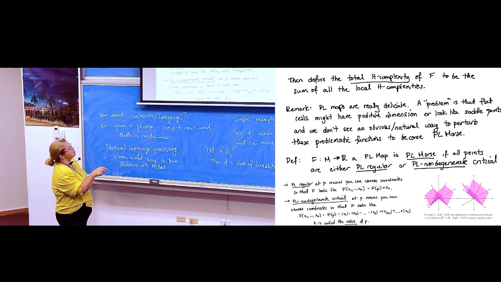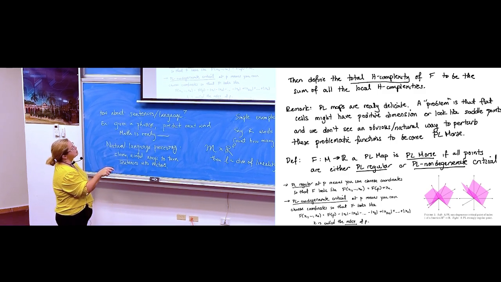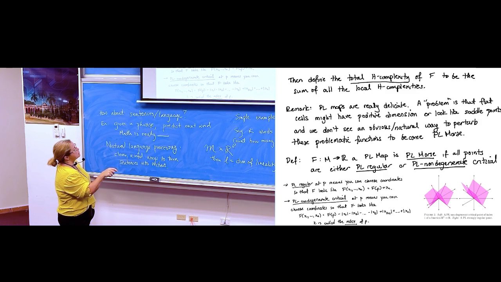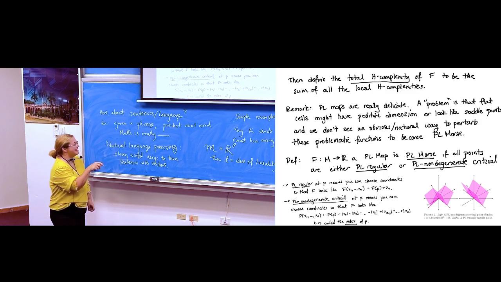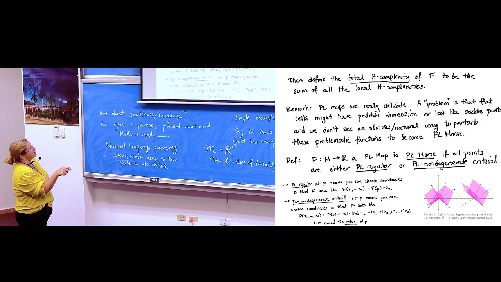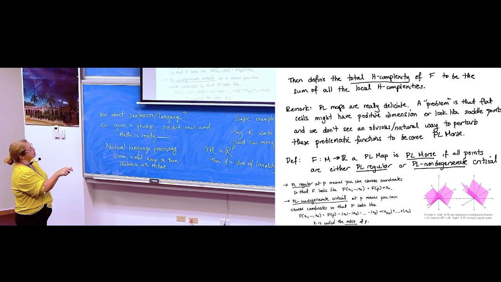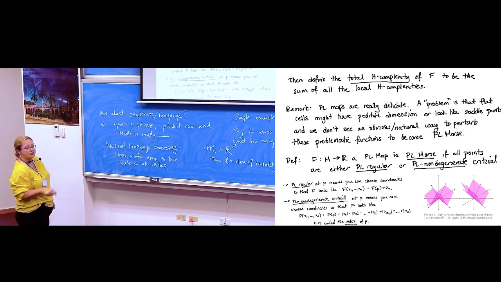So here's a definition of PL Morse. A map is PL Morse if a neighborhood of every point is nice. PL regular means that you can choose coordinates so that the map looks like a constant plus those coordinates.